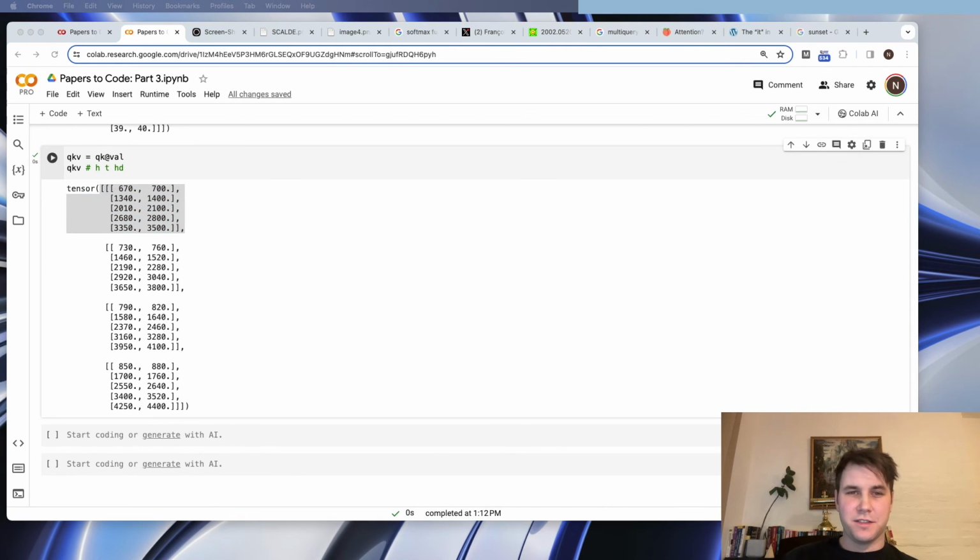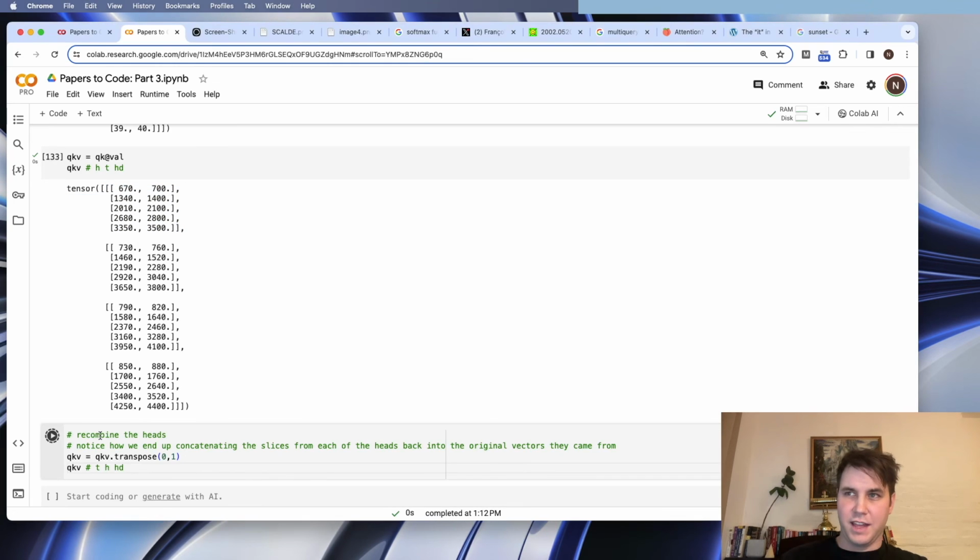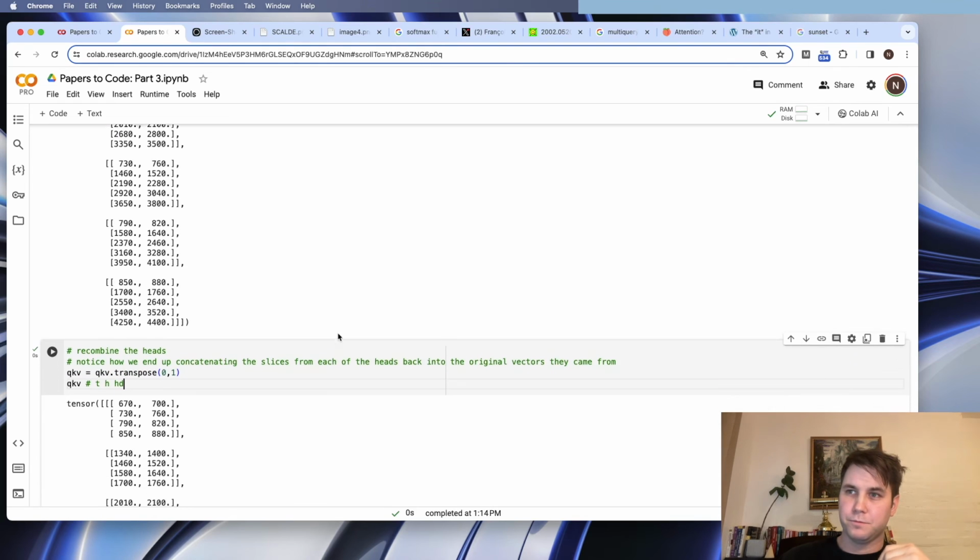But we're not done. So now we need to bring this head in here and swap the T with the H. So we're going to transpose again. And this is recombining the heads. This is actually the concatenation phase. So we end up concatenating the slices from each of the heads back into the original vectors where they came from.